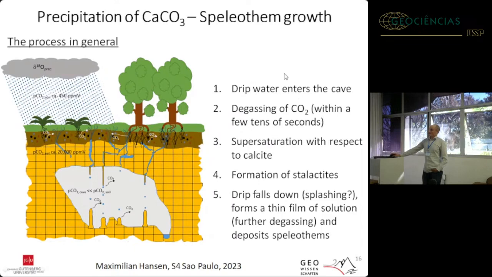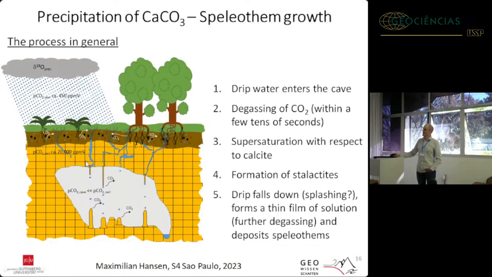Okay, so what happens during the actual formation of speleothems, the precipitation of calcium carbonate? So the drip water, after all the processes which I just described before, where the acidic water seeps through the carbonate host rock, dissolves carbonate and is in equilibrium with a very high PCO2.